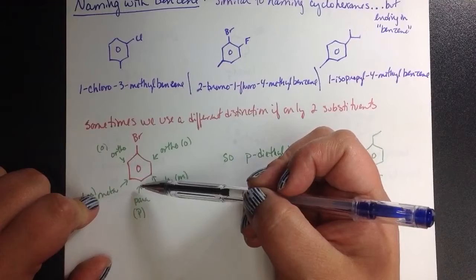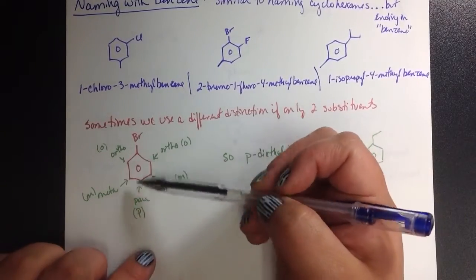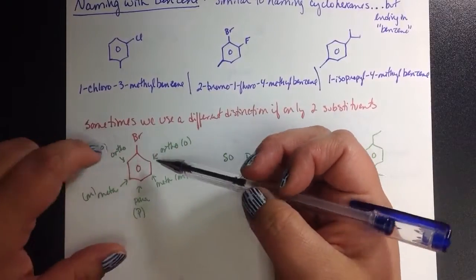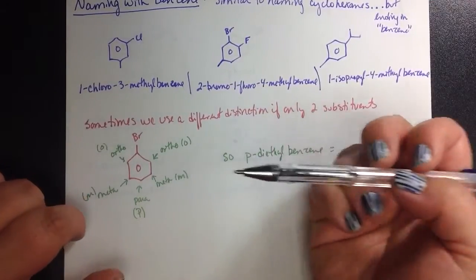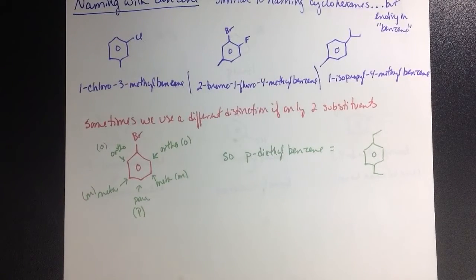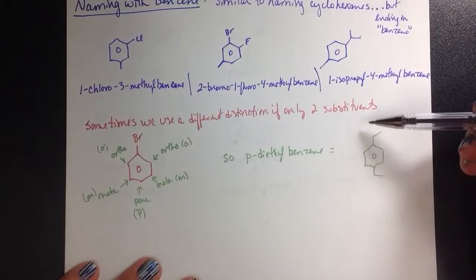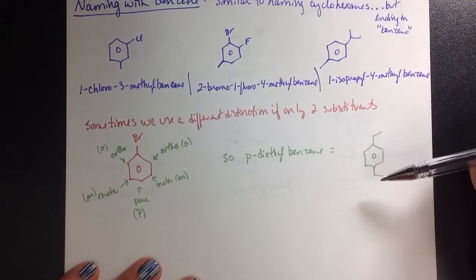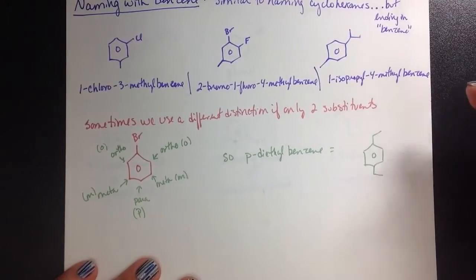So think of a periscope. You know how a periscope is on a submarine, it goes above water? That's the opposite, right? Ortho sounds like next door to me, and then meta is kind of like the middle position. So we could also name this P or para. You could write out para, that'd be fine too, or just say P. Diethylbenzene.